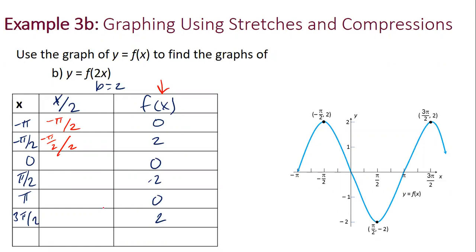So instead of 2 over 1, it becomes 1 over 2, which means you're just multiplying by 1/2. So negative pi over 2 times 1/2 is negative pi over 4. 0, same thing here. Pi over 2 times 1/2 equals pi over 4. Pi divided by 2 is pi over 2. Last one, 3 pi over 2 times 1/2 equals 3 pi over 4.